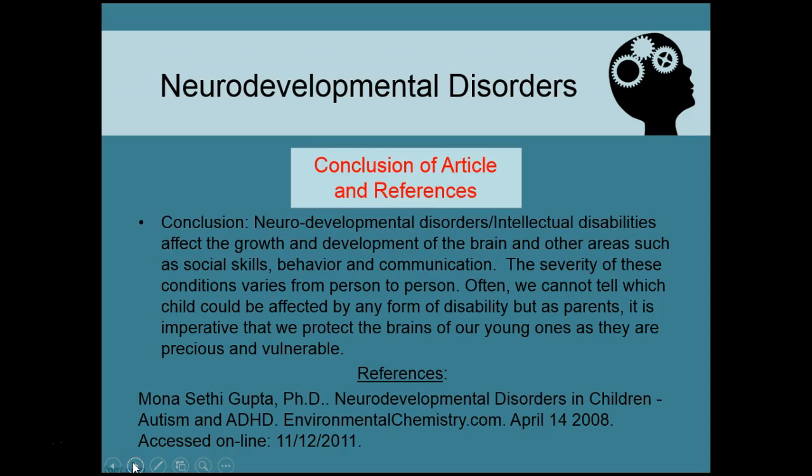It is also stated that neurodevelopmental disorder or intellectual disability affects the growth and development of the brain in other areas such as social skills, behavior, and communication. The severity of these conditions varies from person to person.